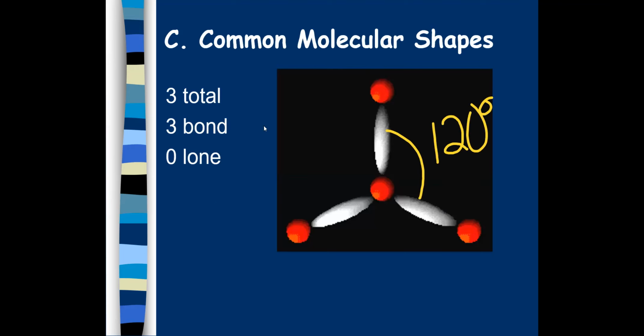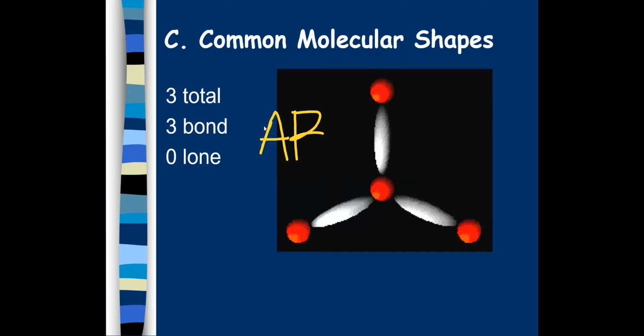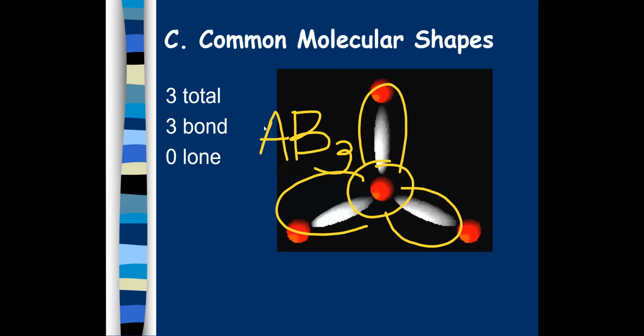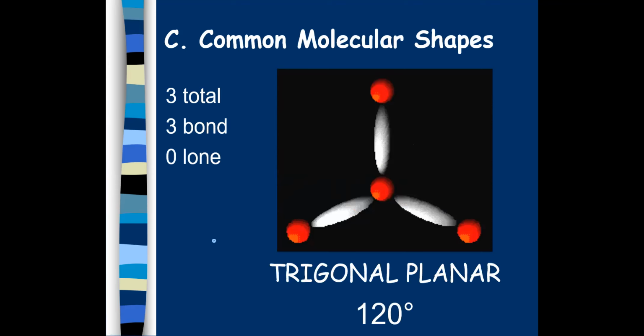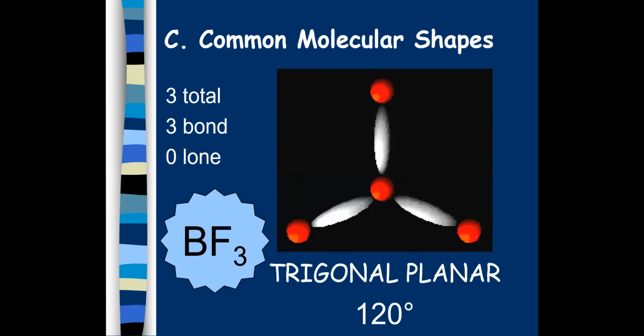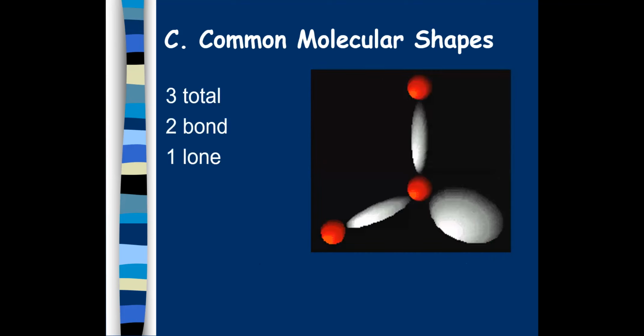Okay. And from here to here too, and from here to here too. So they're 120 degrees all around. All right. And this one I like to call an AB3 because you have one central atom and 3 bonds, right? All right, so clear that. An example of it is BF3, boron trifluoride. All right, so let's go to the next one.